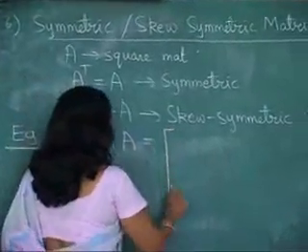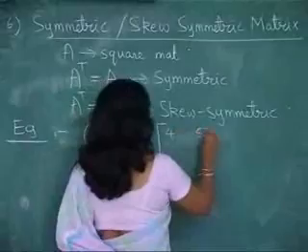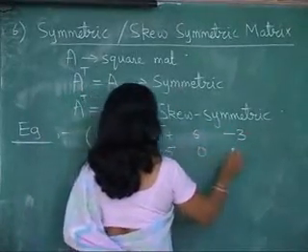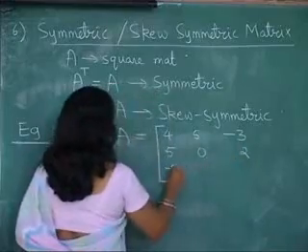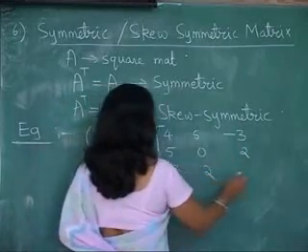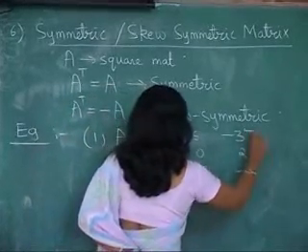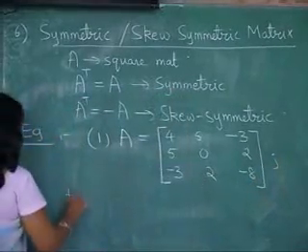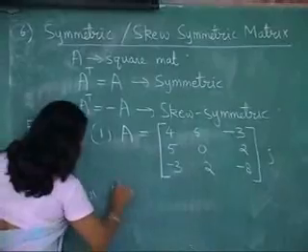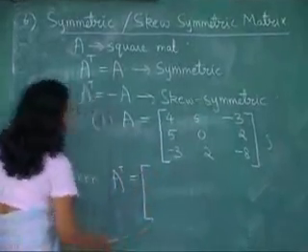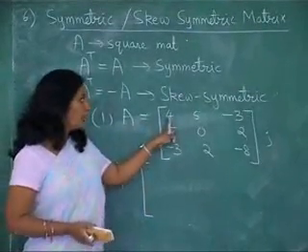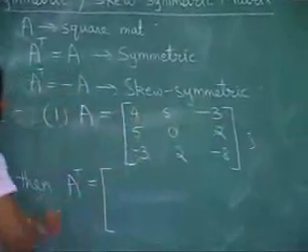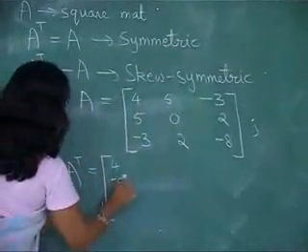Suppose I take A to be this matrix, then let me calculate the transpose of A. The first row of A is 4, 5, minus 3. That will go as the first column of A transpose.